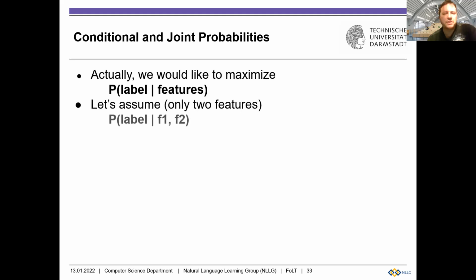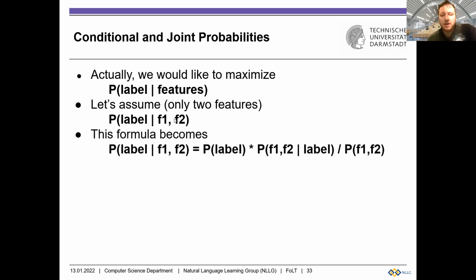Now let's assume for simplicity we have only two features, so we write it in this way. We want to maximize the label that has the highest probability given feature 1 and feature 2. Now let us rewrite this formula using a rule which is also known as the Bayes formula in the literature, and it's actually pretty simple.